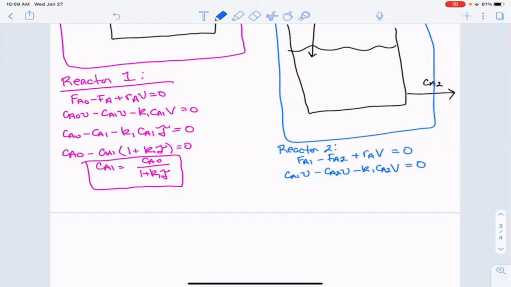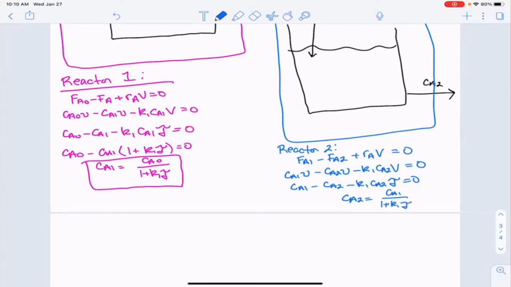And we could divide through again by the volumetric flow rate and get CA1 minus CA2 minus K1 CA2 times tau is equal to 0. And then finally, we could solve for the concentration of CA2. So CA2 equals CA1 over 1 plus K1 times tau.